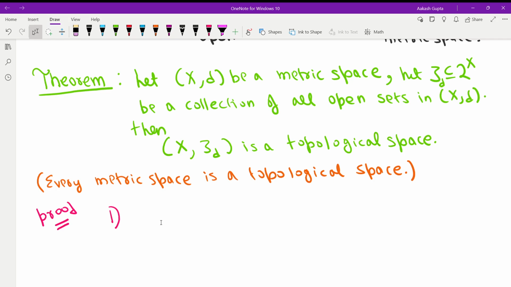If you have a subcollection tau of 2 to the power X such that it has 3 properties. The first is that the empty set and the whole set should be there. So let us verify that. Clearly, phi belongs to tau d.